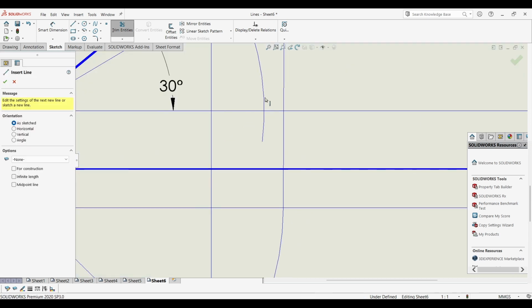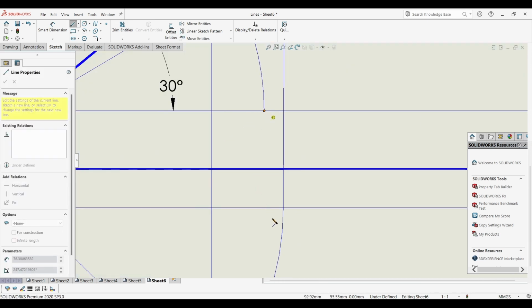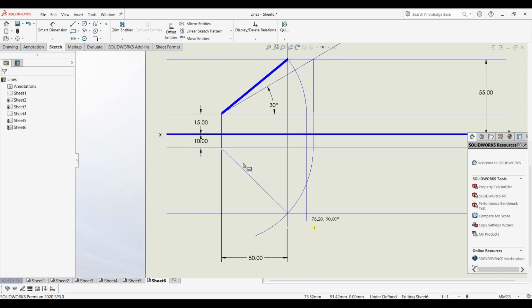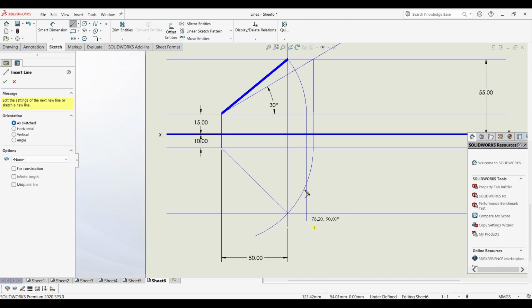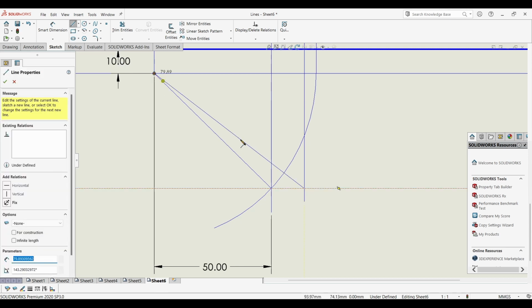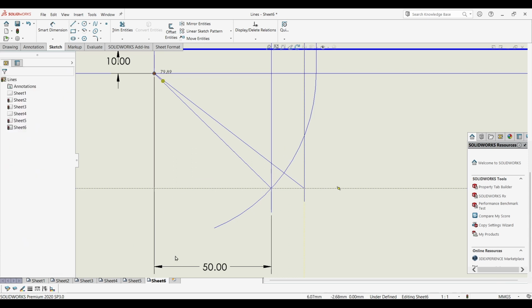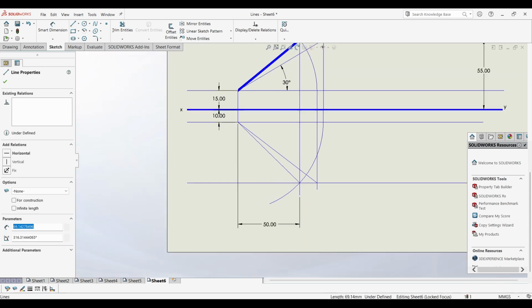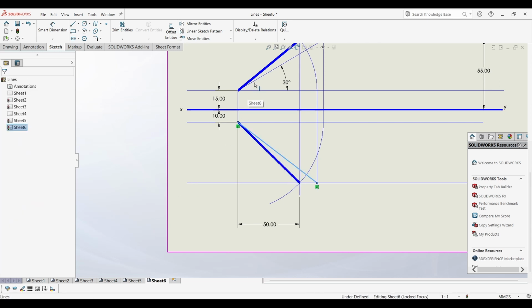Then I trim this, draw a line from this point till where it intersects here. Yeah, and this point from here till the line. So this is the true length. We got that. This thing is 2 mm and this one is 0.35. This one is also 0.35. Yes, so we are done with this.